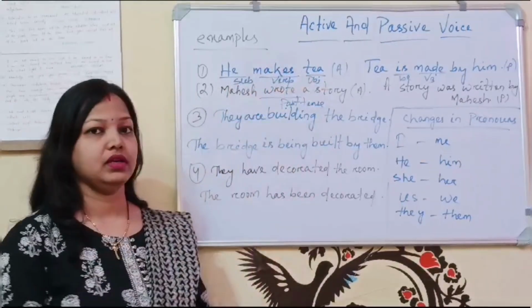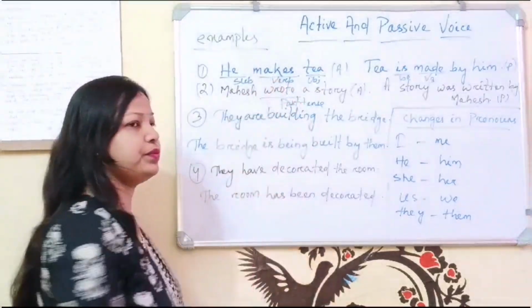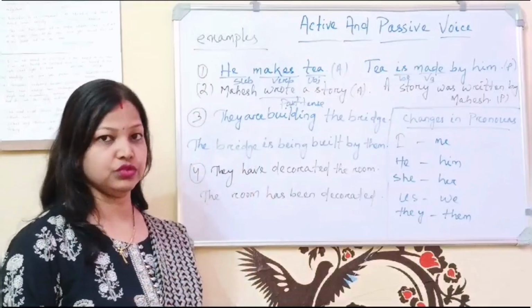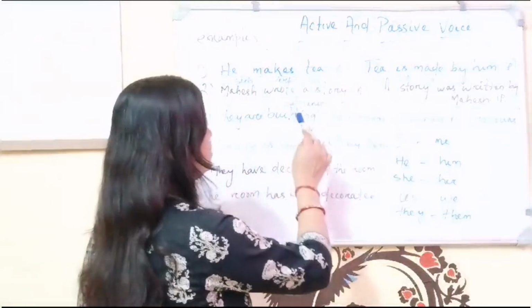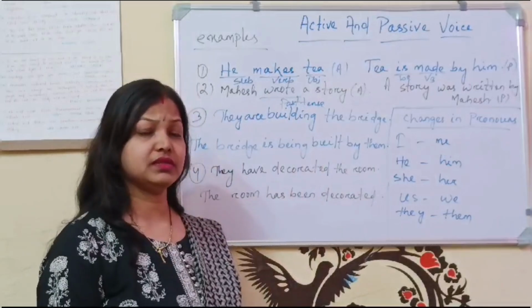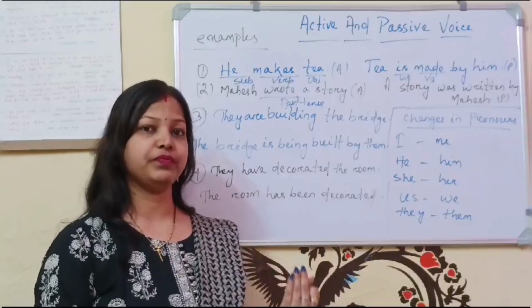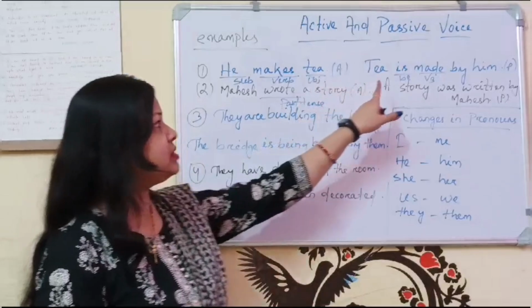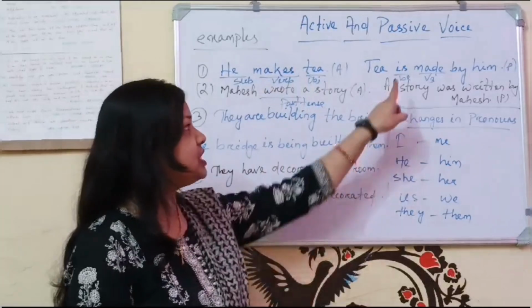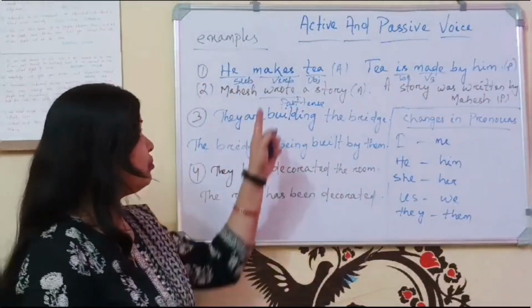He makes tea. So how will you know which tense it is in? If you have read about tense, then you can see from the verb which tense it is in. Make and makes are written, which are in present, so it is present simple tense. So in present simple tense, which formula will we use in passive voice? Just be plus verb 3. So what is be? Is, am and are. If I is written, use am; if singular, is; if plural, are. Here the object will become the subject in passive voice. So what is the object? Here tea is written, and tea is in singular form, so we will use is. Tea is made by him. So made is the verb 3 of make.